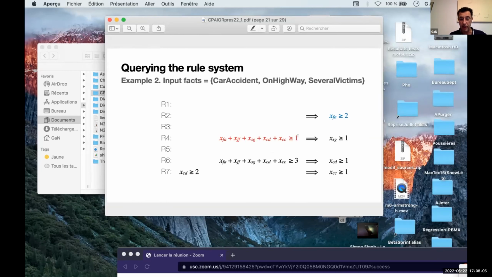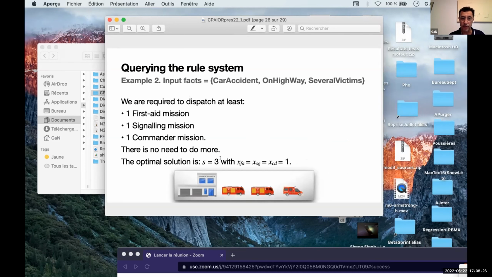So it will fire rule 4. And as a conclusion, there will be a signaling mission. So the total now of missions will be greater than 2 plus 1, which is 3. And rule 6 will apply, leading to the conclusion that there will be a commander mission. And now there's no reason to apply rule 7.